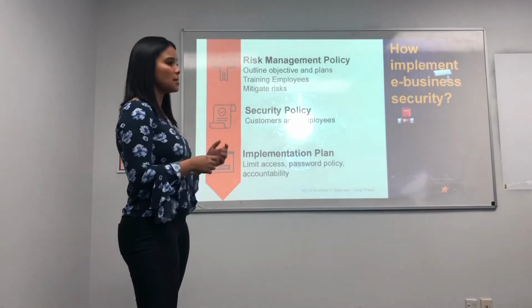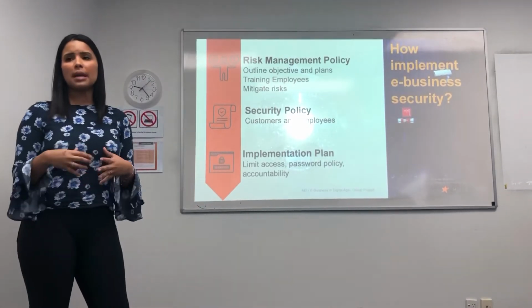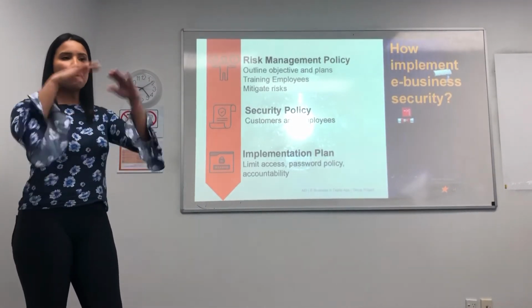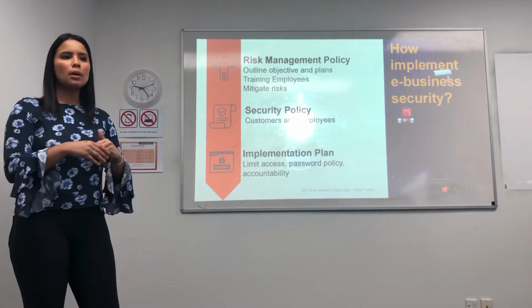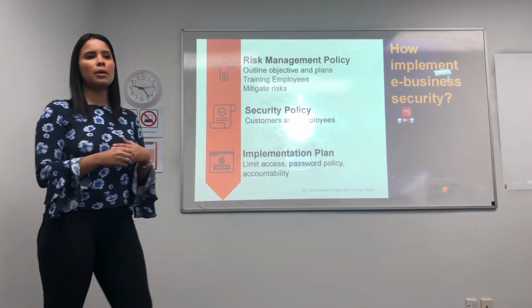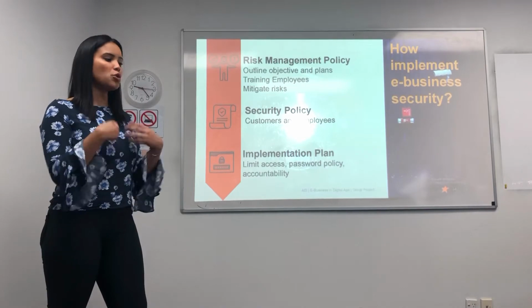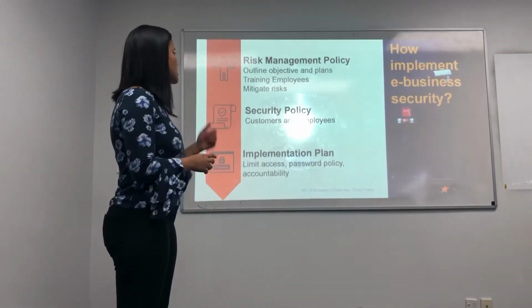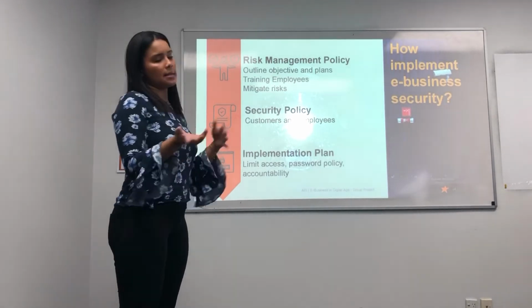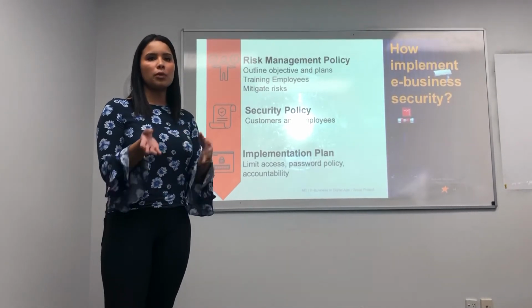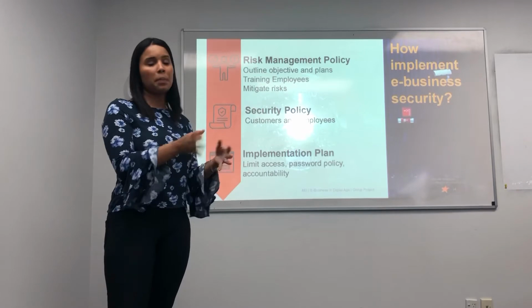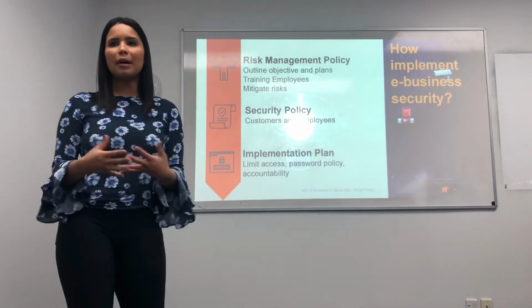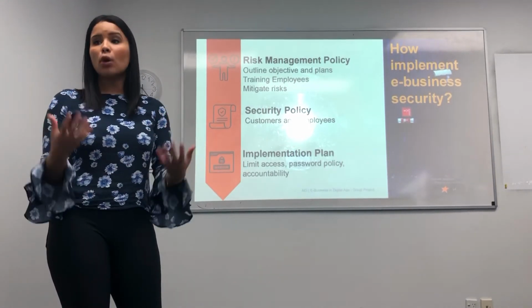Also, mitigate risks. When they plan for all the risks and how to protect against them, this is a way to mitigate risks. Another is security policies. As I said before, they have policies for customers and partners. They also need a security policy for employees as well.